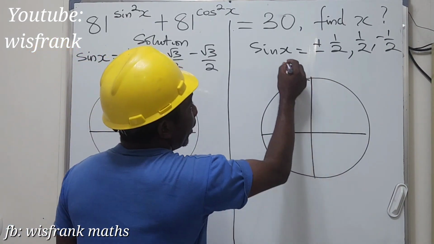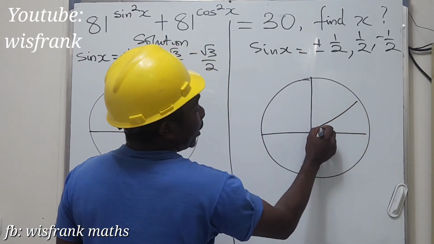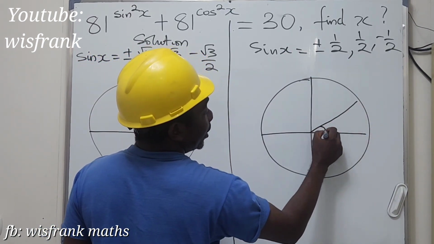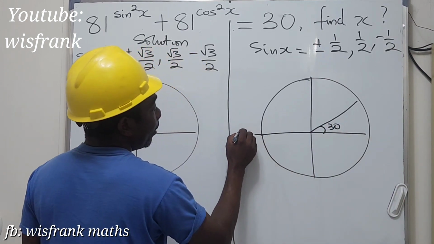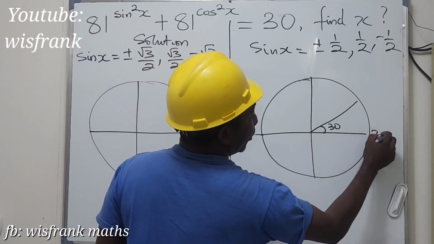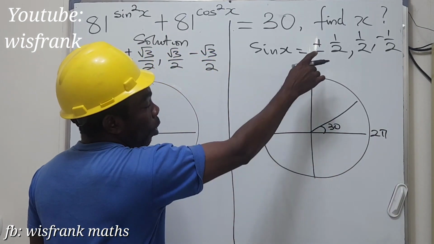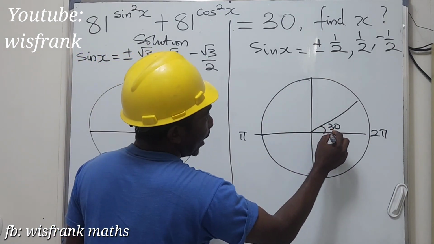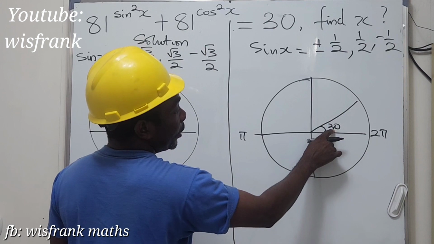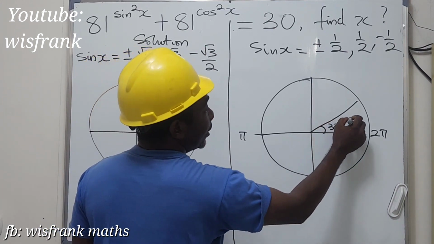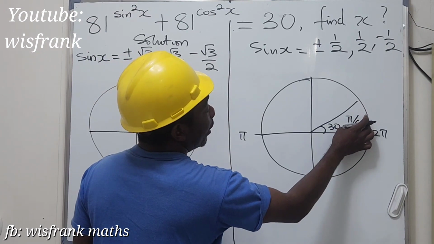So first of all, we take this, 1 all over 2, which is 30 degrees. Here will be pi, and here will be 2 pi. So sine x equals 1 all over 2 means 30 degrees, which is the same thing as pi all over 6.